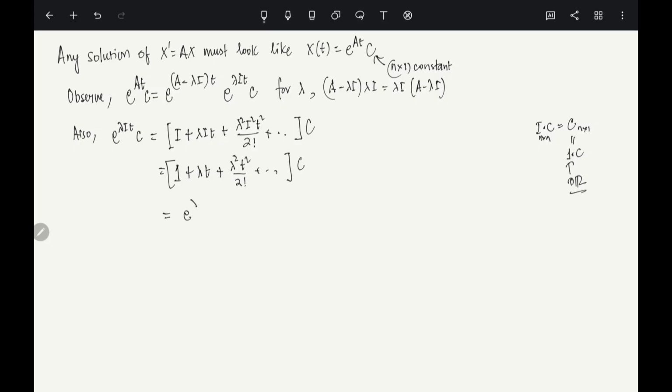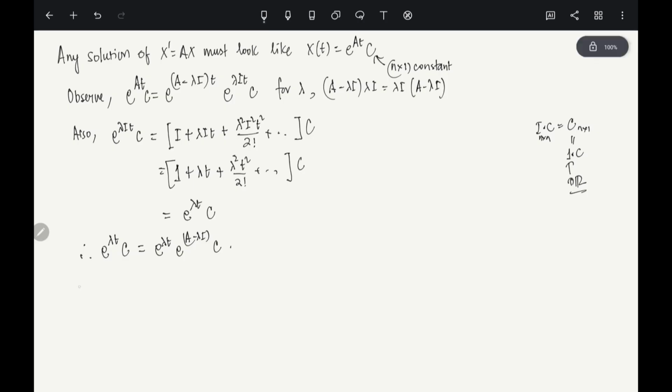This is nothing but e power lambda t times the matrix C. Therefore e power lambda t times the vector C is nothing but e power lambda t, which is real, times e power A minus lambda I t times C. So one matrix exponential we just wrote as a scalar, and the other part is the matrix exponential part.